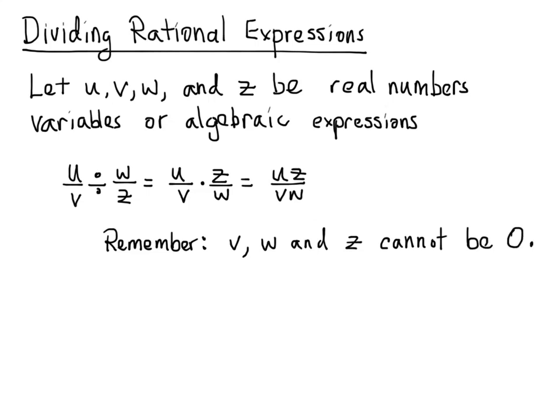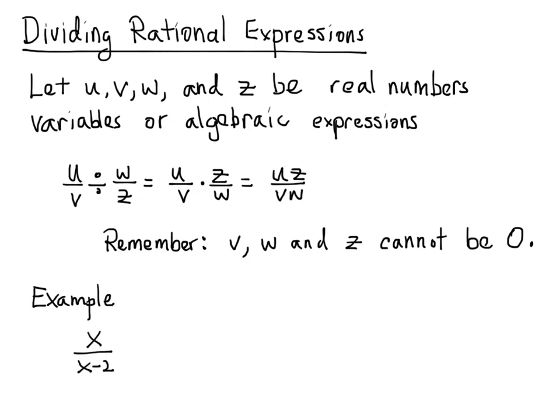The only one that can be 0, and it's perfectly fine if it is, is u. If u is 0 and the other three are not 0, then your expression equals 0, right? Because 0 divided by any number, or 0 times any number, is still 0. The only thing you can't do with 0 is divide by 0. And so in order to avoid that, you have to state that v, z, and w can't be 0.